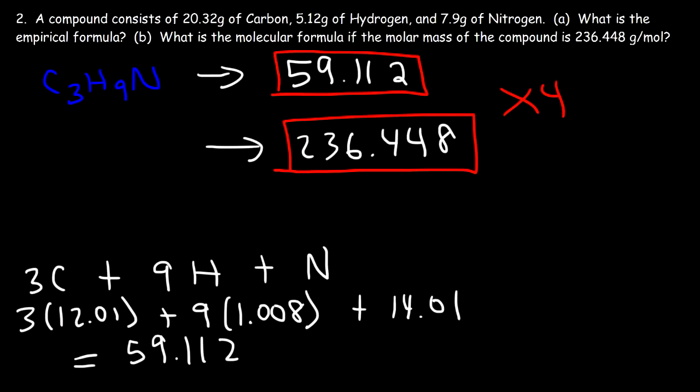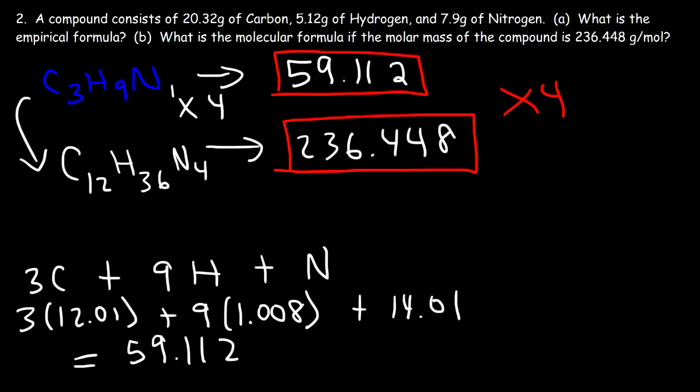So therefore, we need to multiply the subscripts of the empirical formula by 4. So 3 times 4 is 12, 9 times 4 is 36, 1 times 4 is 4. So the formula is C12H36N4. So that's the molecular formula. That's the answer for part B to this question.